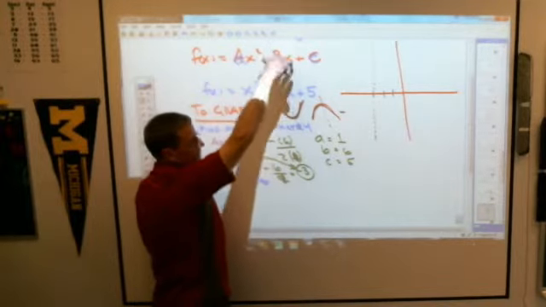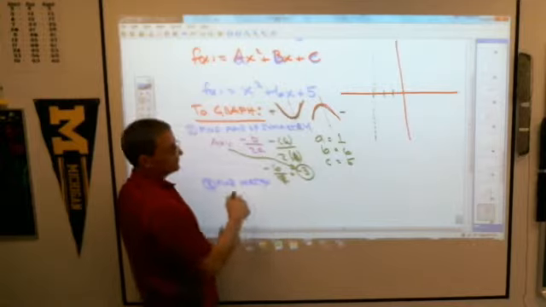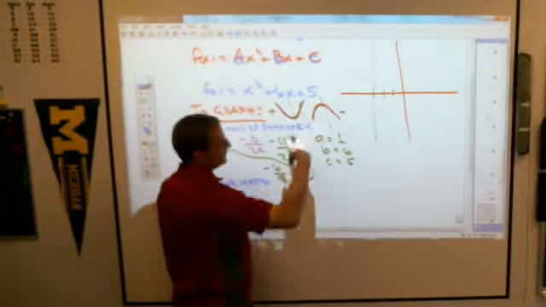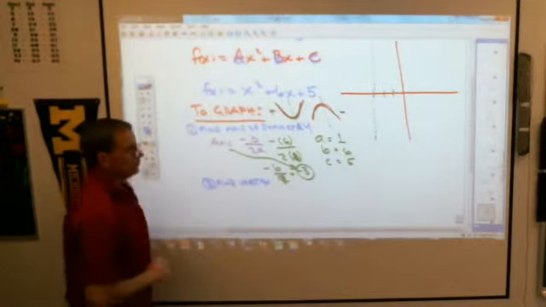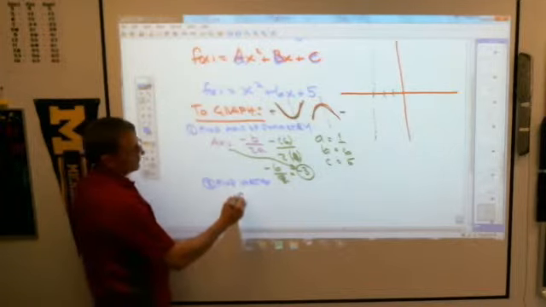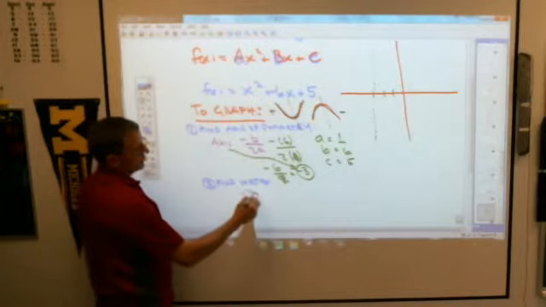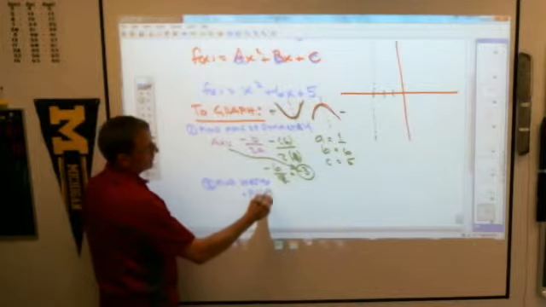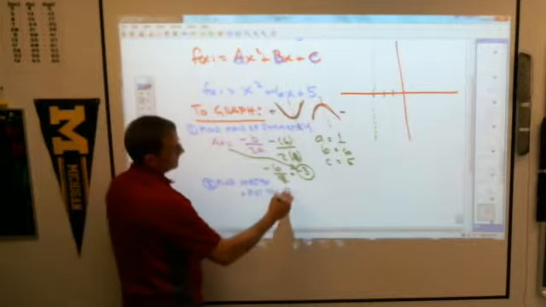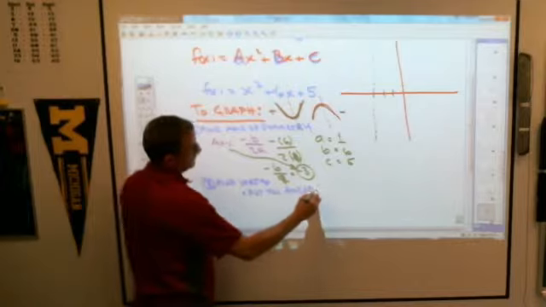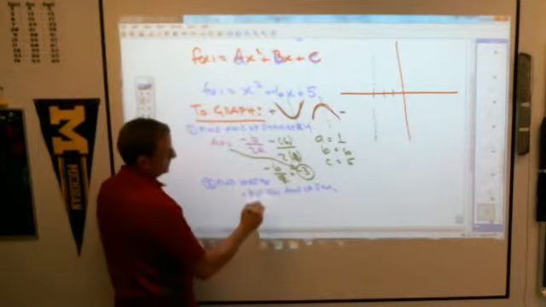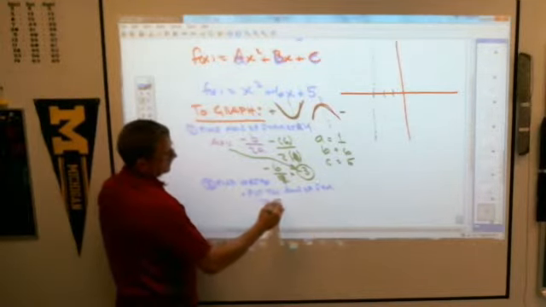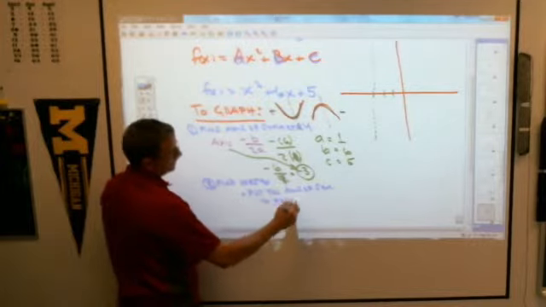It doesn't have a maximum because it goes forever up, but it does have a minimum. So in this one, we're going to find a min. In this one, we find a max. And how do you do that? To find the vertex, you put your axis of symmetry in the equation and solve.